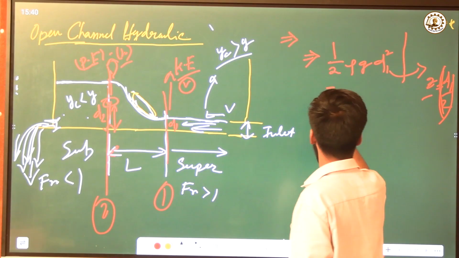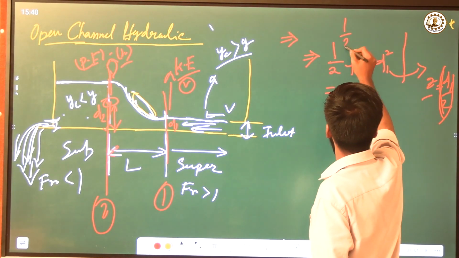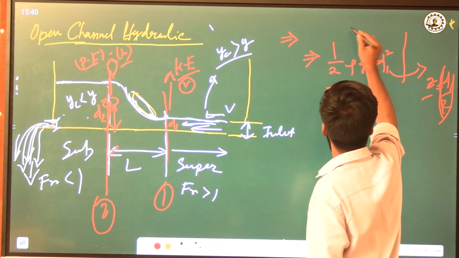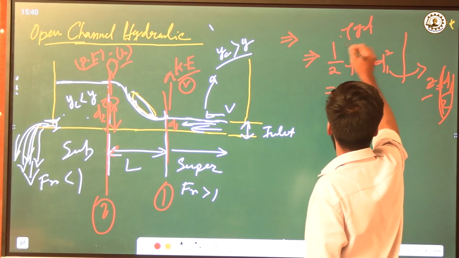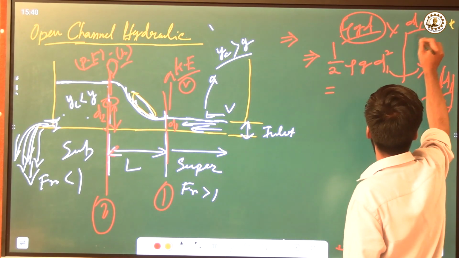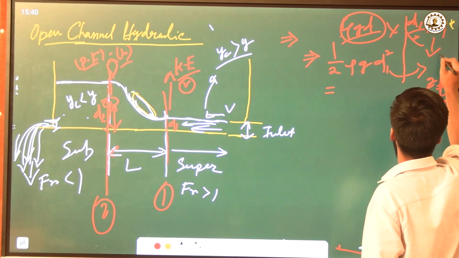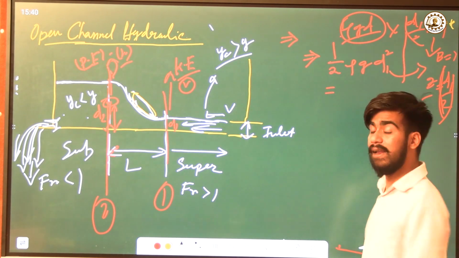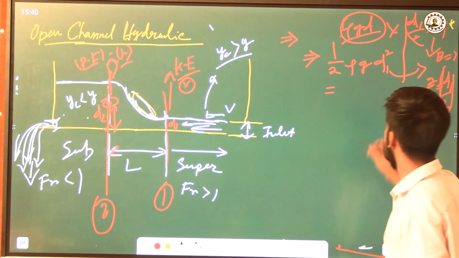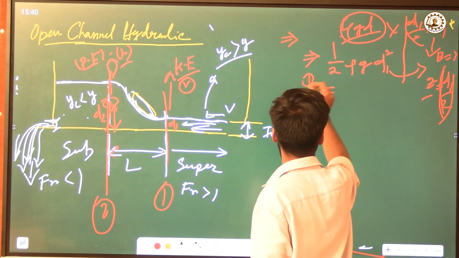So we can have the force in this direction as half of rho g d, this is our pressure, and if we multiply it by the area d1 by 2 into b, where b equals 1 as we are analyzing it with unit width, so we can have the force half rho g d1 square for the section 1.